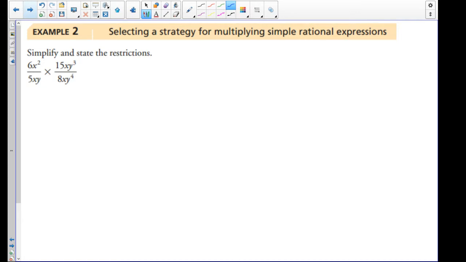Oh, 6 and 8. Okay. Yes, 6 and 8. What's common to both 6 and 8?